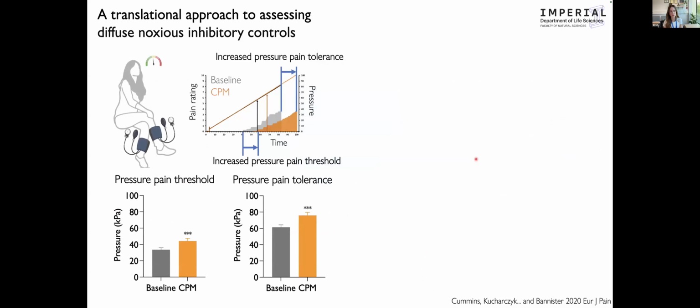We showed some years ago that we've got this really nice translational approach to measuring diffuse noxious inhibitory controls. If you look in orange here, this is an individual having these cuff pressure devices inflated, and over time, when a conditioning stimulus is present, the individuals can tolerate the pressure for longer and rate the pain lower.